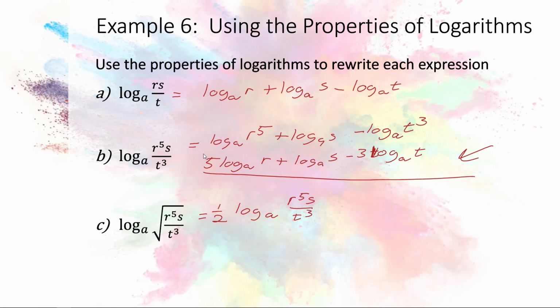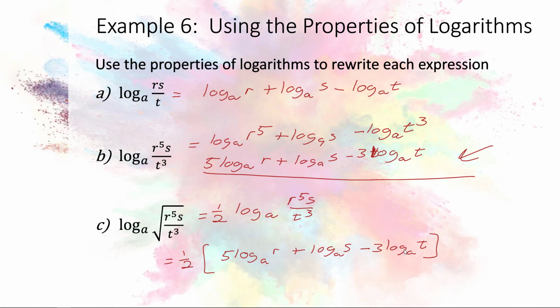So I can just substitute this in for all of that, and if I did, I will have 1/2 times the quantity 5 log base a of r plus log base a of s minus 3 times log base a of t. And that would be our answer for that particular problem.